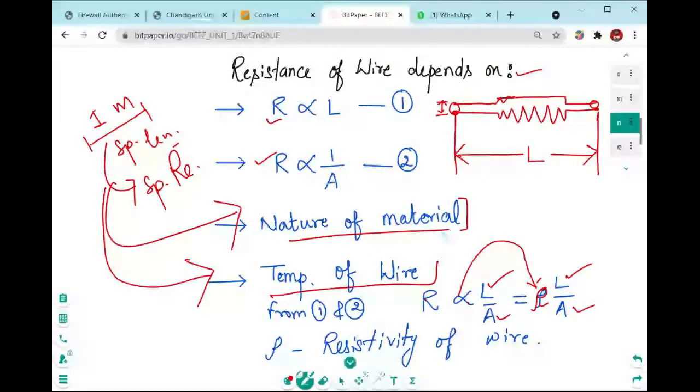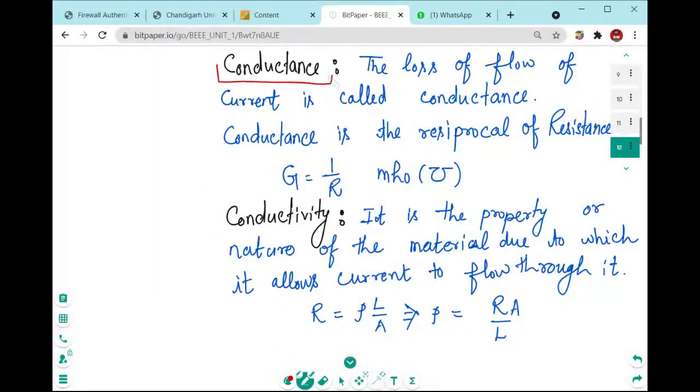Now, what do you mean by conductance? The ease of flow of current is called conductance. It is the opposite of resistance, and it is 1 upon R, and its unit is mho, M-H-O. The symbol is the opposite of the ohm.